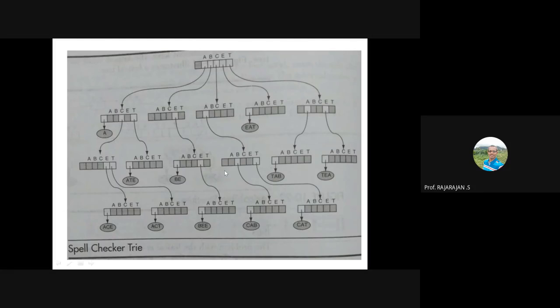I hope you were able to understand the explanation I gave. Let me just confirm whether anybody has a doubt to clarify on this. I'm just asking, was it clear whether you were able to understand the idea of the trie structure?